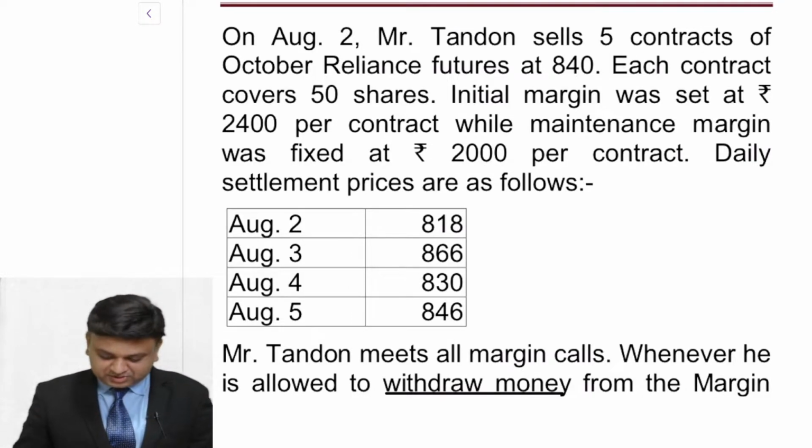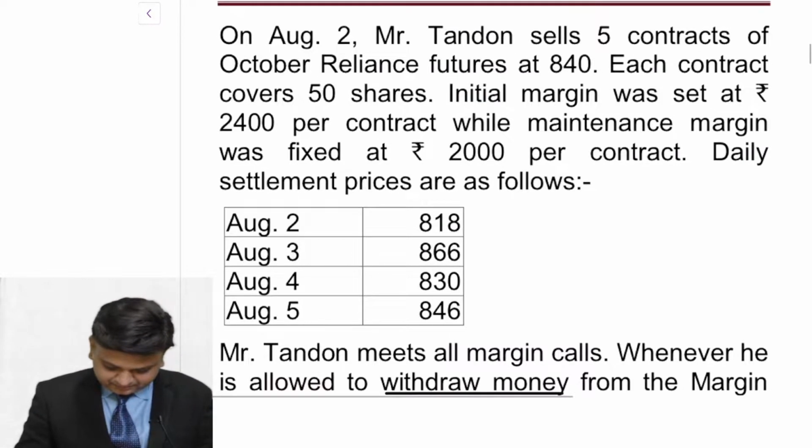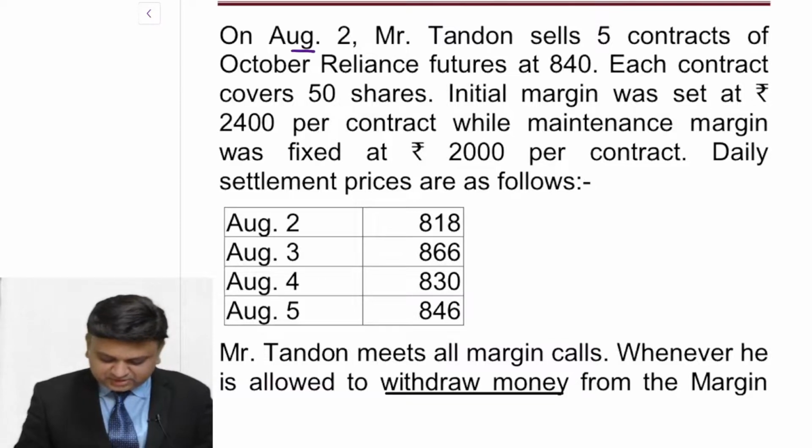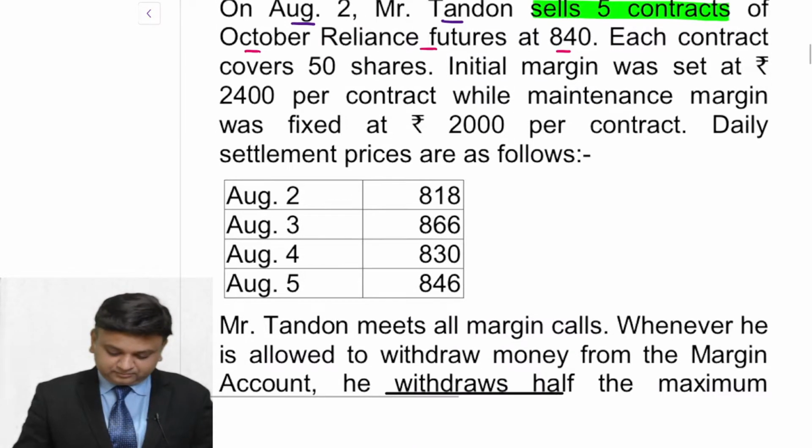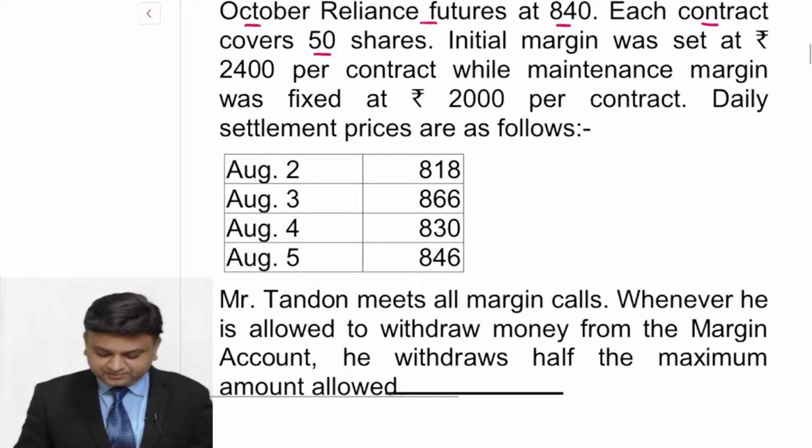Let us see the next question. On 2nd of August, Mr. Tandon sells 5 contracts of October Reliance futures at the rate of 840. Each futures contract covers 50 shares, that is the lot size is 50 shares. Initial margin was set at the rate of 2400 per contract.